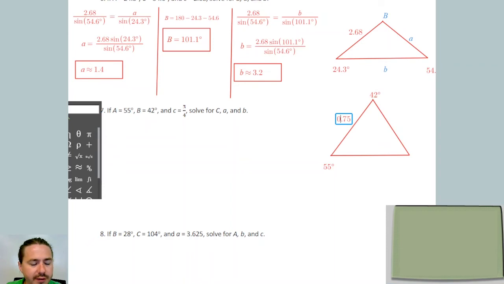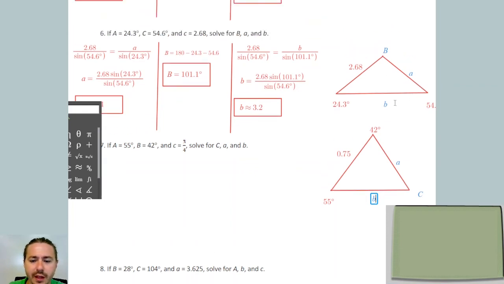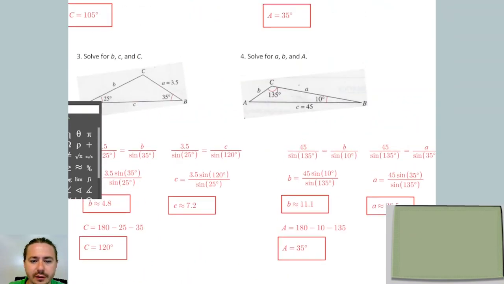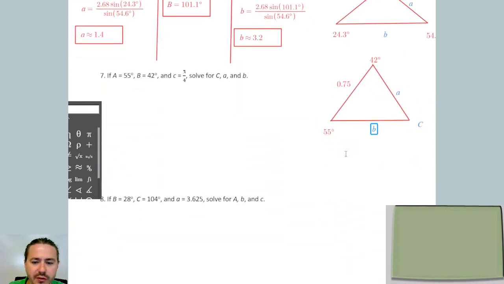This is going to be an angle side angle scenario. So we need to find angle C, side A and side B. The tricky part here is that all the other ones we've done so far have been angle, angle, side. This is where we're seeing a different one.